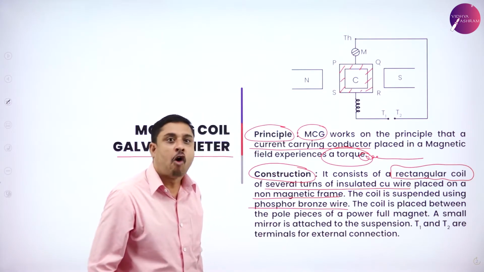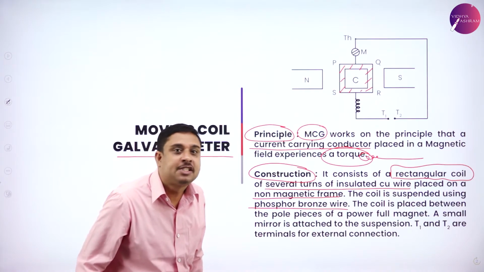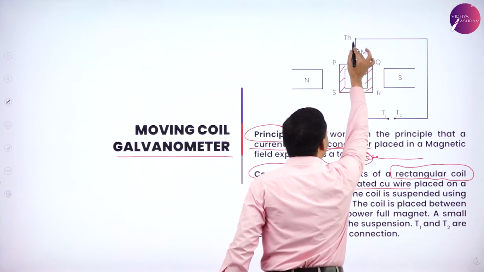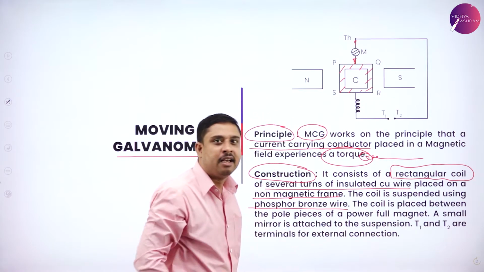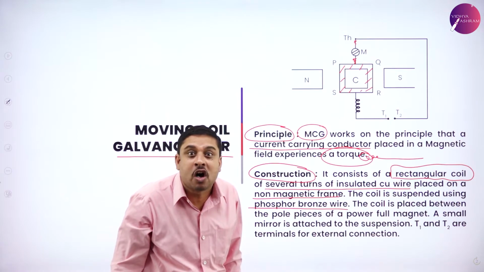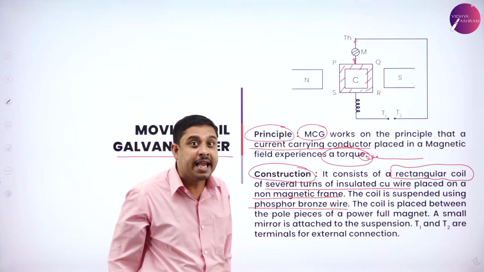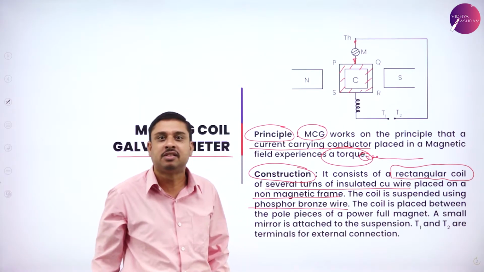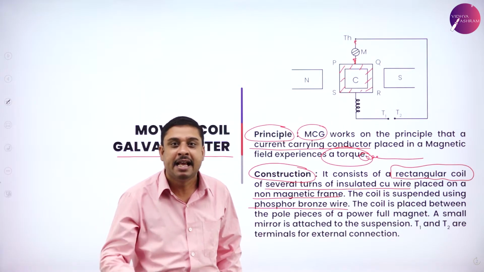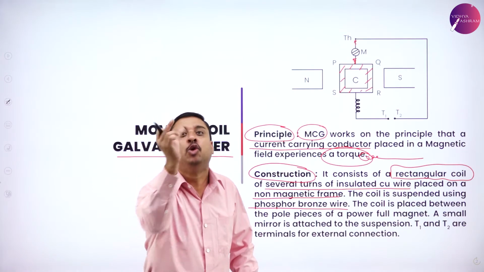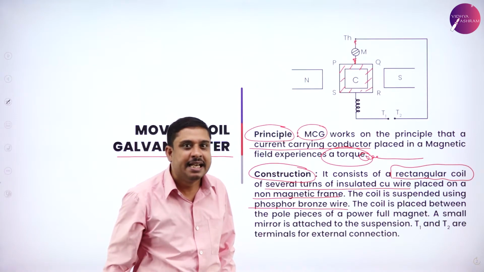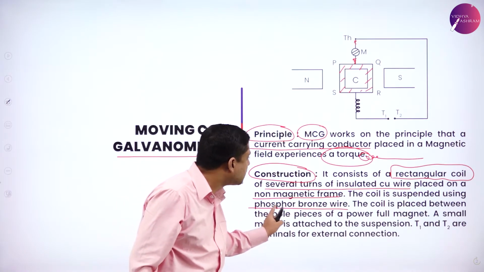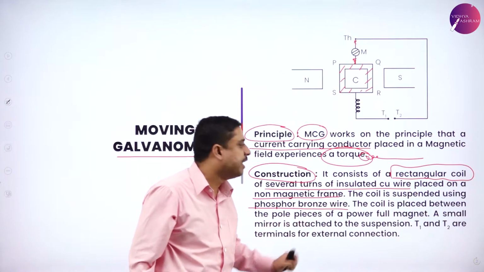The coil is suspended using phosphor bronze wire. Why? Very specifically phosphor bronze. Later you will see the couple per unit angle of twist is minimum for this material, so I use phosphor bronze wire.